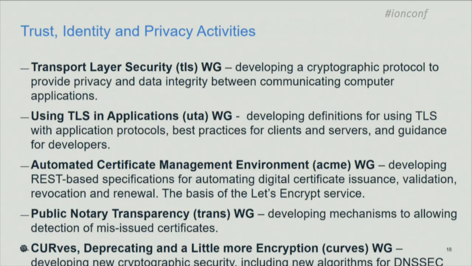Quite an interesting working group is ACME. So this is based on automated digital certificate issuing, and that was the basis for the Let's Encrypt service, although it's not specifically about Let's Encrypt, but Let's Encrypt is based on that. And then there are other groups related more to the issues of cryptographic protocols.